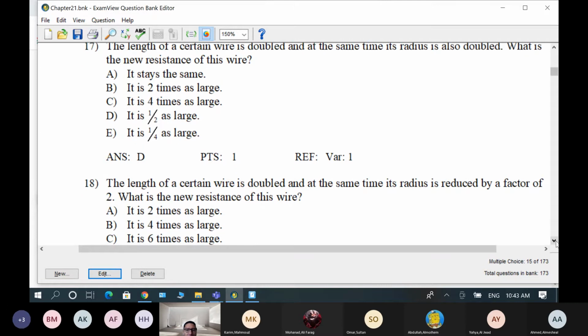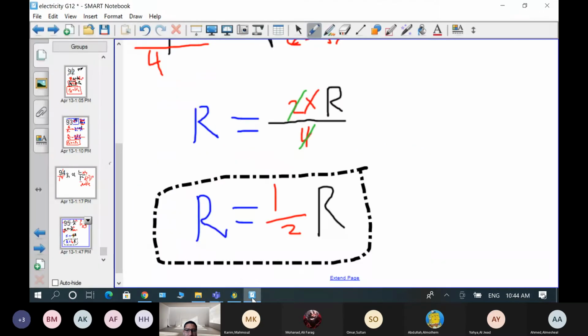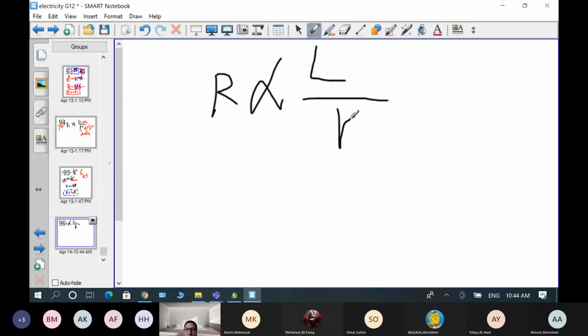So what's the answer, Amr, for this one? We increase the distance and we reduce the radius by a factor of 2. Can you do the same as we did here? This is the original one, and it's directly proportional to length and inversely proportional to radius. Here we will do what? We double the length, so this one will be doubled, multiplied by 2.